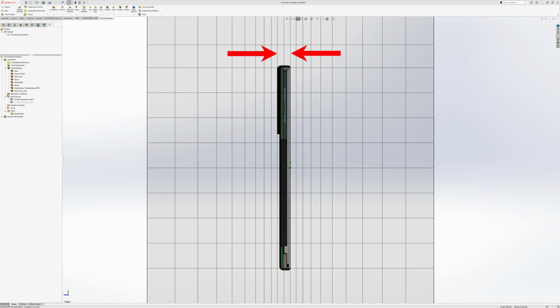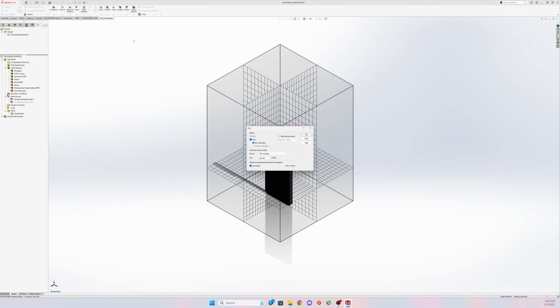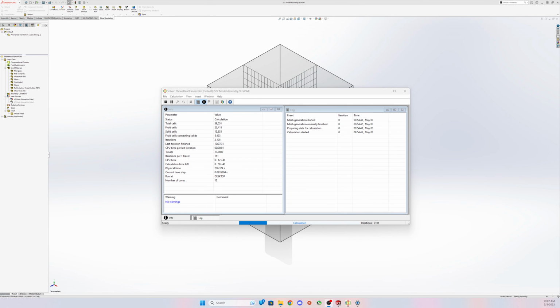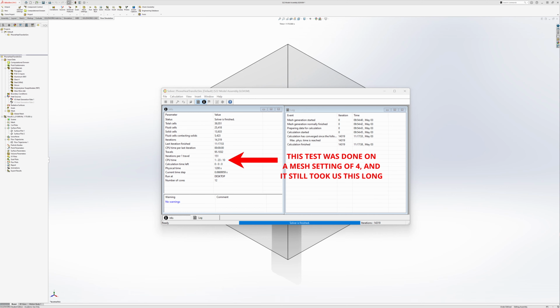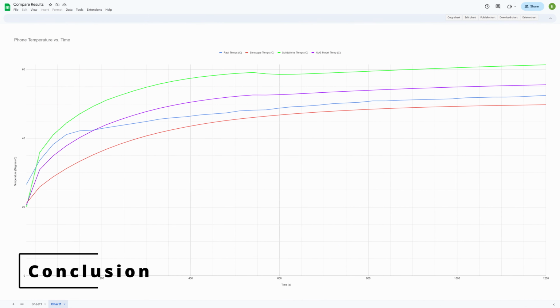So 4 blocks over the thickness of this entire phone does not give us an accurate representation. And so we determined that you actually need a mesh setting of over 7 to properly simulate all of this stuff. And a mesh setting of 7 would have taken days and days to run. So it is not optimal for us to test in that region. So that's another way that this model is not entirely accurate to real life.